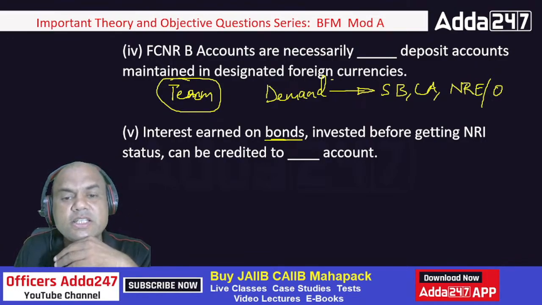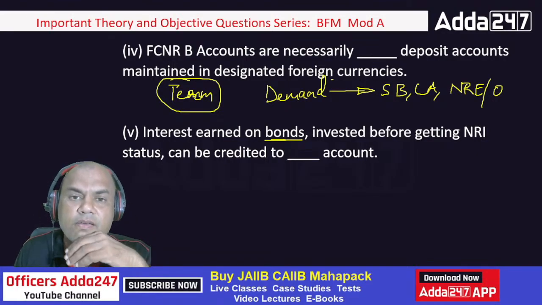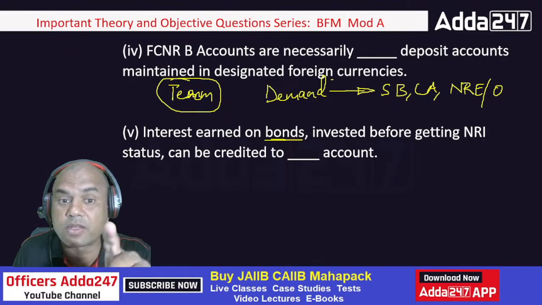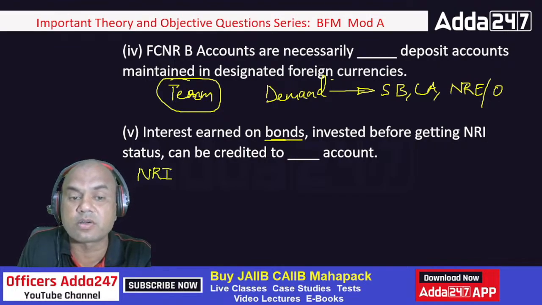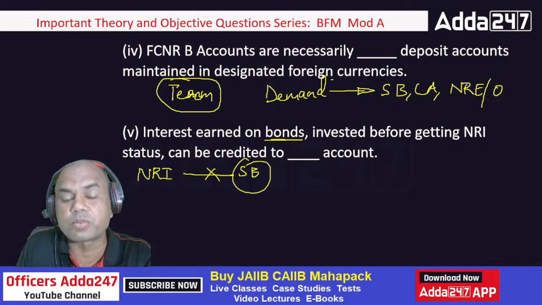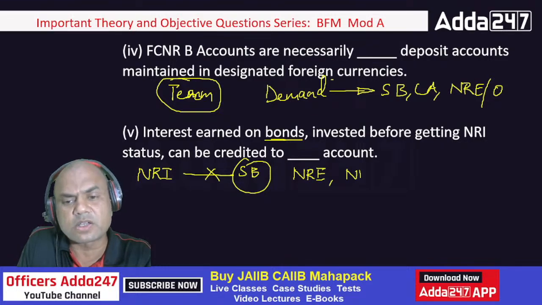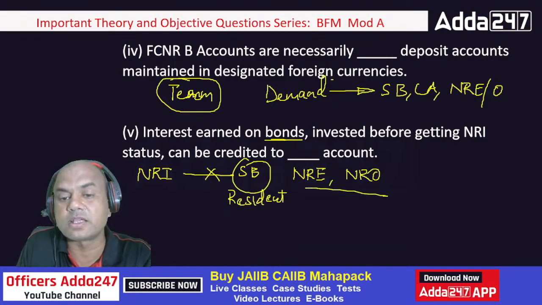These bonds and FDs will give me interest, but I'm an NRI now. Remember one important point: an NRI can never have a resident savings account. An NRI can have NRE or NRO. These are also savings accounts, but a resident savings account is for Indian residents, and these are for NRIs.